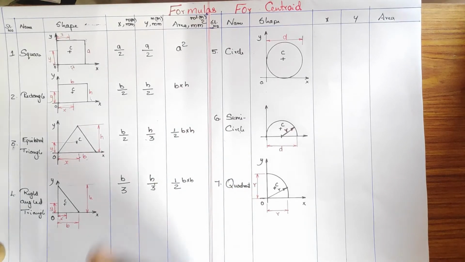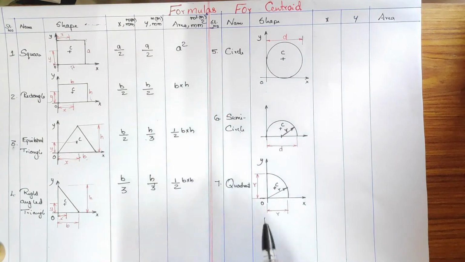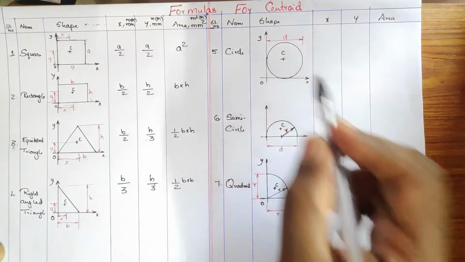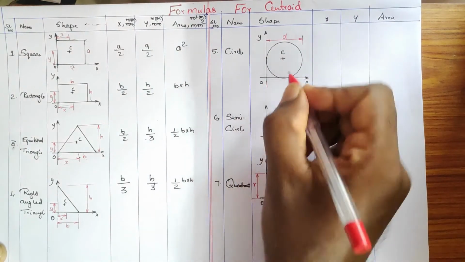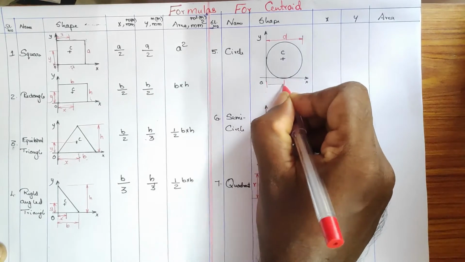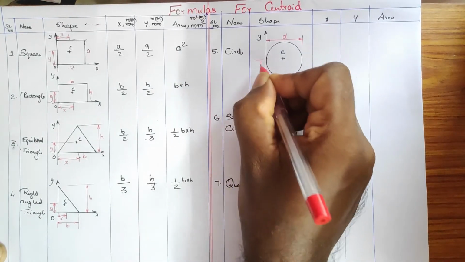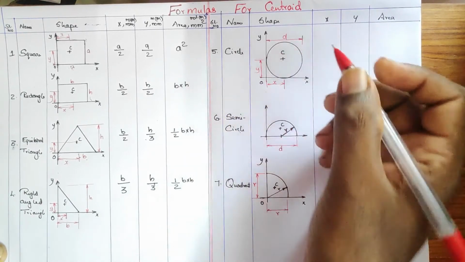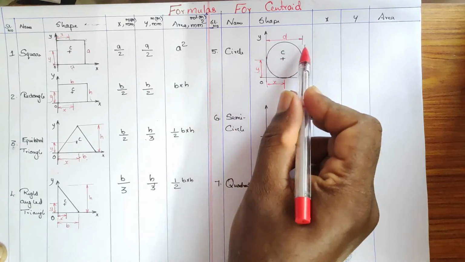Fine. Next, move to the next geometric shape, which is a circle. So circle, I just want to plot the centroid. So this is the x distance, and if I take y, this is the y distance. The full length of the circle is the diameter.